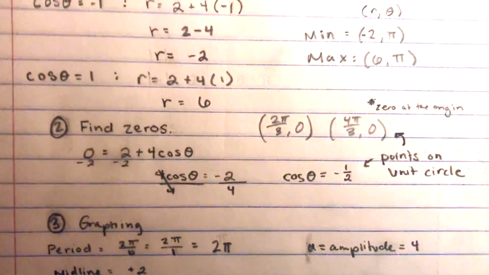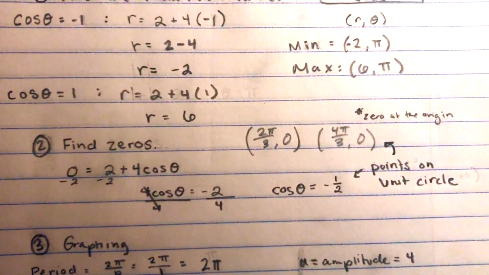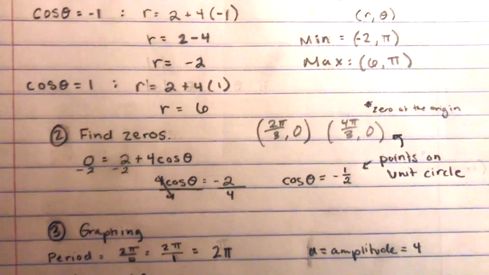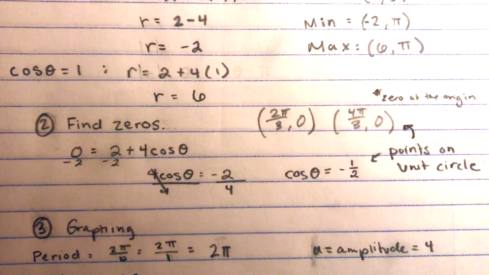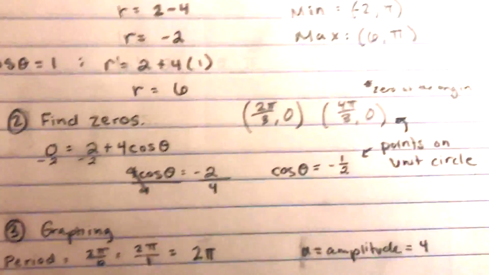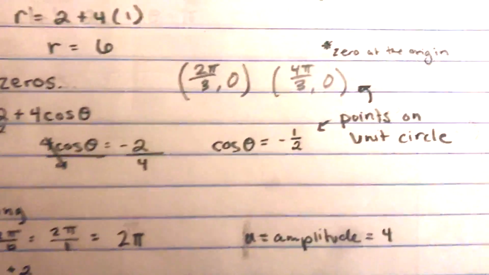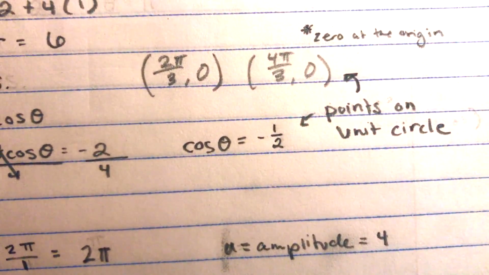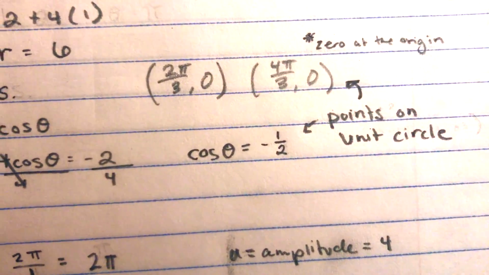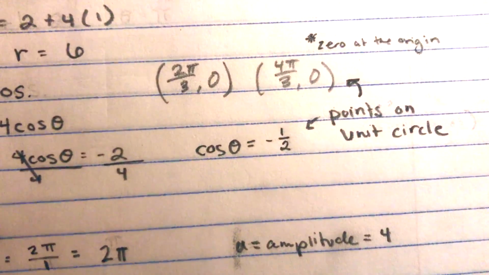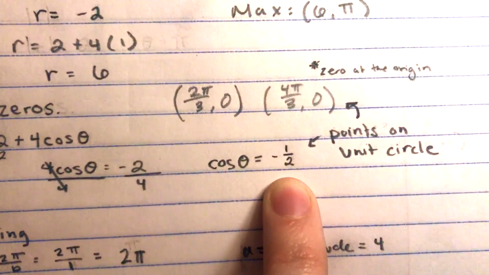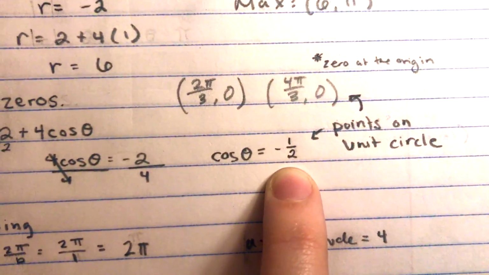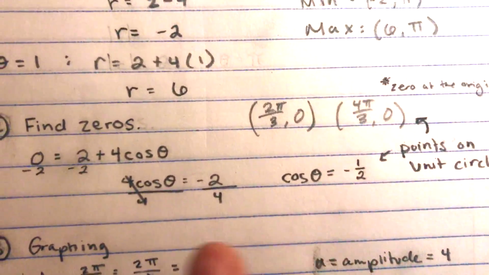So then from there, we want to find our zeros. So first, to find the zeros, we're going to set the equation equal to 0 and solve. And when we solve, we get that cosine of theta equals -1/2. And so if we go to the unit circle, then we can find where cosine is equal to -1/2 on the unit circle, and those are going to be our zeros.